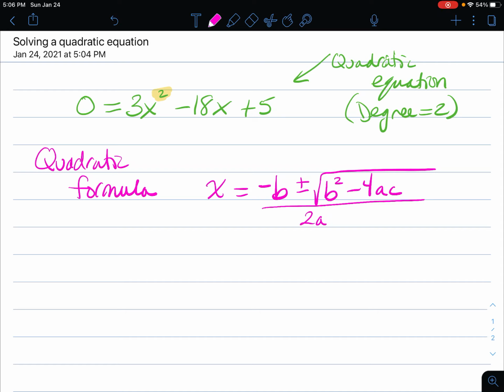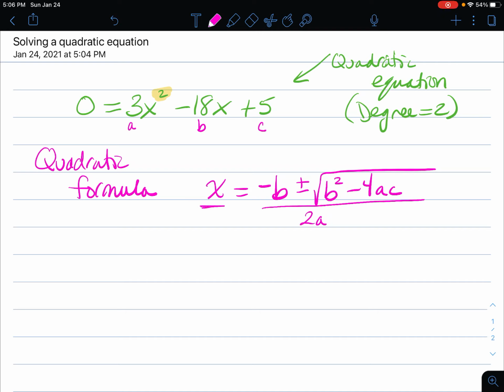Now when we look at this original equation, this is my a value, my b value, my c value. If there is no b or c term, if we don't have an x term or a constant, the b or c would just be equal to 0. If we don't have an x squared term, we don't have a quadratic equation, so that we won't be dealing with.